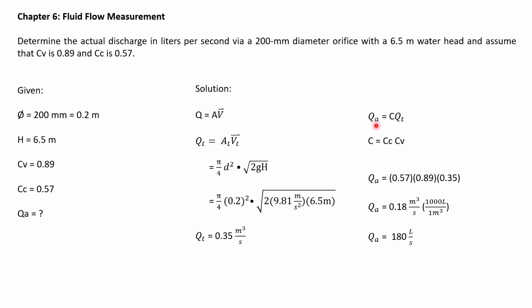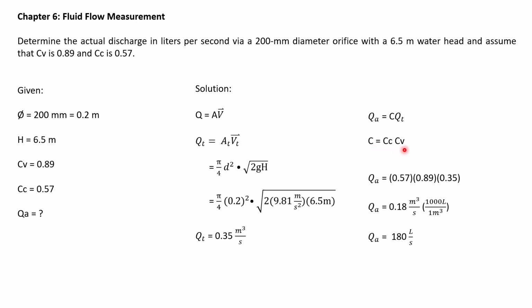Now to get the actual discharge, we will have a formula of Q is equal to C, or the discharge coefficient, multiplied by the theoretical discharge. So we have to consider the Qt, which is already solved, and also the discharge coefficient. The formula of the discharge coefficient is equal to CC times CV.